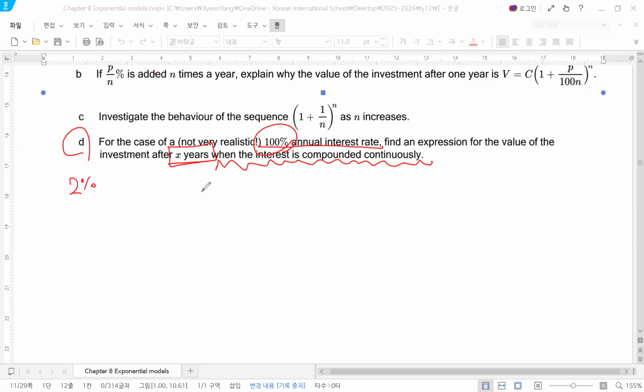So for example, question A1, during 1 year, compounded only 1 time, right? From question B, during 1 year, how many times is it compounded? Question A2, 2 times. Thank you so much.